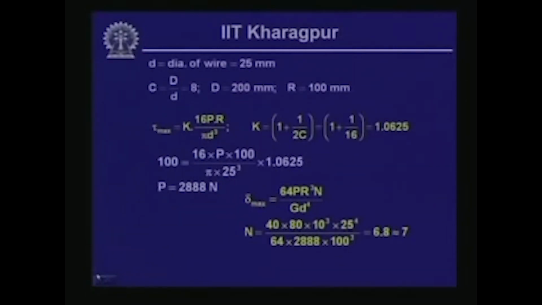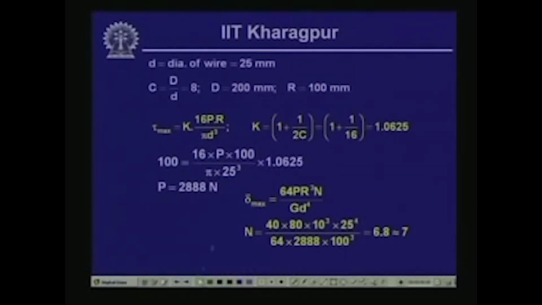So, if we calculate these values, the values given are the diameter of the wire, which equals 25 millimeter, and the spring index C equals D by d, which equals 8. From these we can evaluate the diameter of the spring coil, which equals 200 millimeter, and the mean radius equals 100 millimeter.